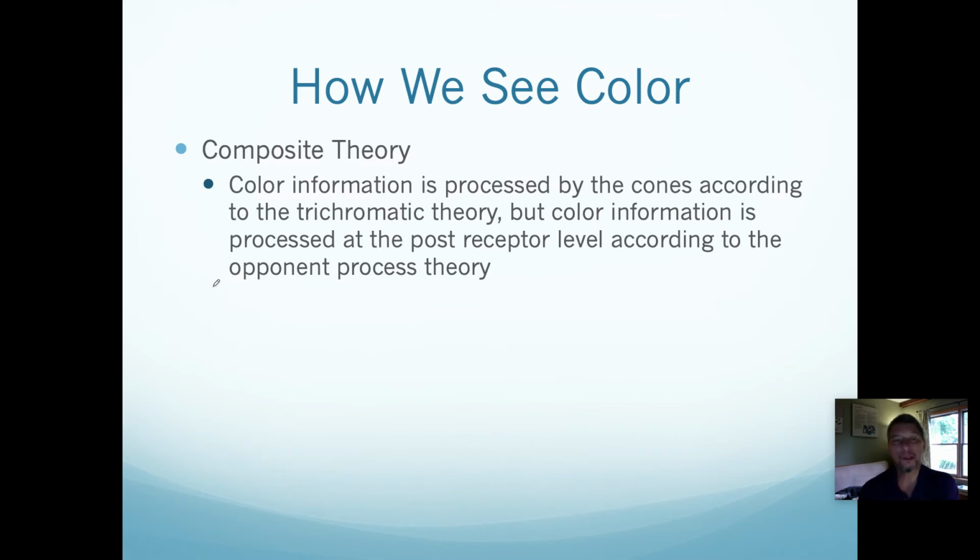The composite theory says that color information is processed by the cones according to the trichromatic theory, but it's then processed again after it's in the nervous system by the opponent process theory. So both theories are supported or encouraged by this composite theory.